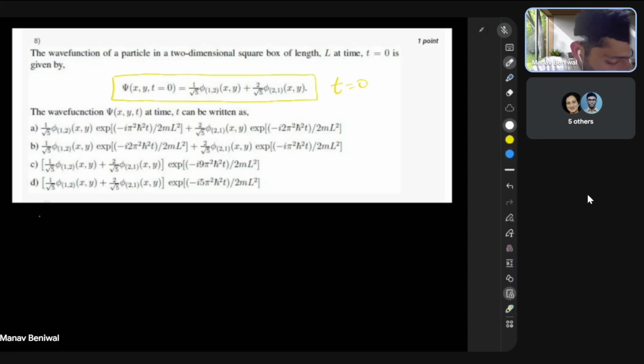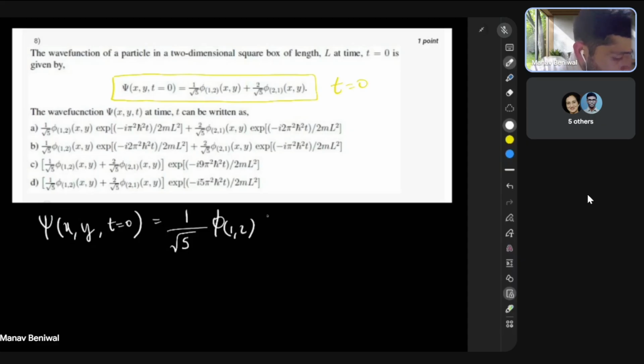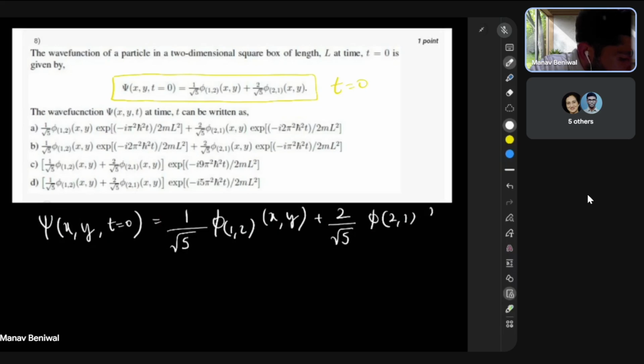We are given that psi of x, y at t equals 0 is 1 over root 5 phi 1 comma 2, which is a function of x comma y, plus 2 by under root 5 phi 2 comma 1 of x comma y.